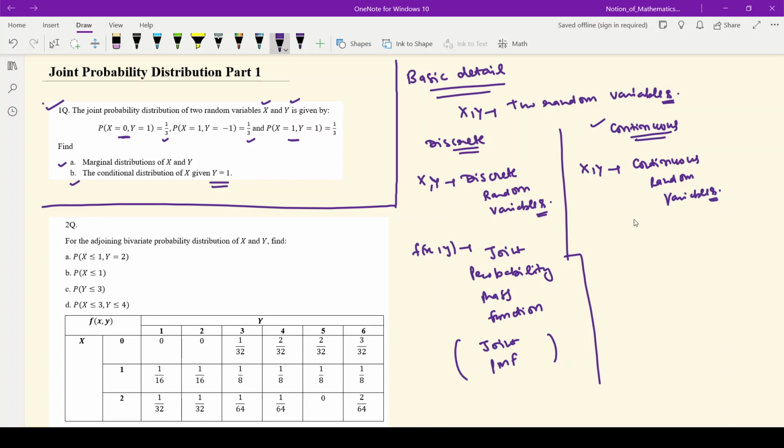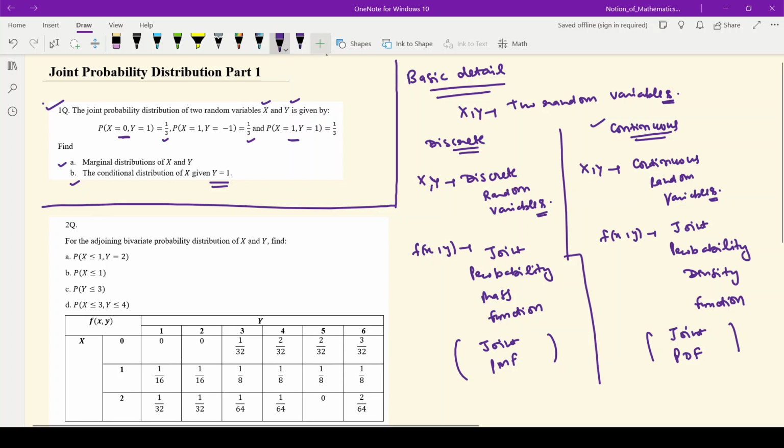And for the continuous approach, this f of x y is known as the joint probability density function, in short joint PDF.